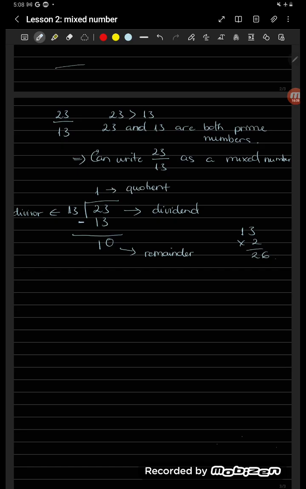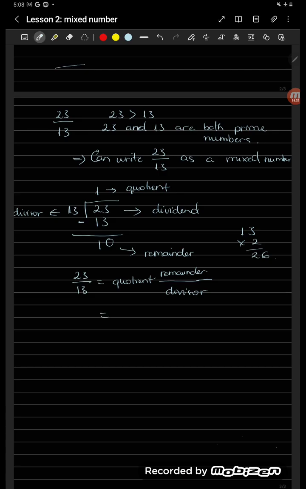So now we follow the formula above. 23 over 13, we write as a mixed number. So we have this one is the quotient, this one is the remainder, and this one is the divisor, right?